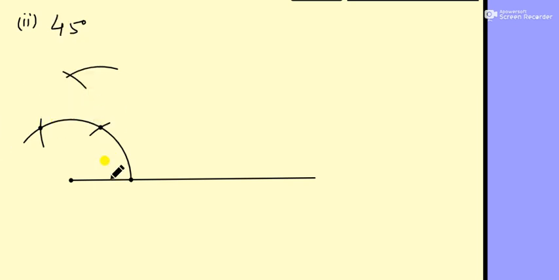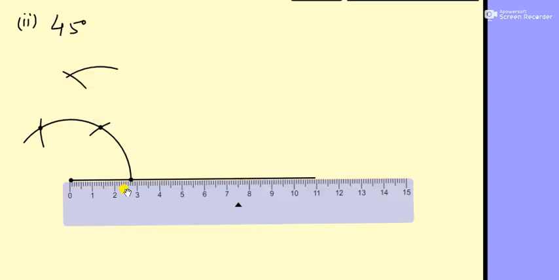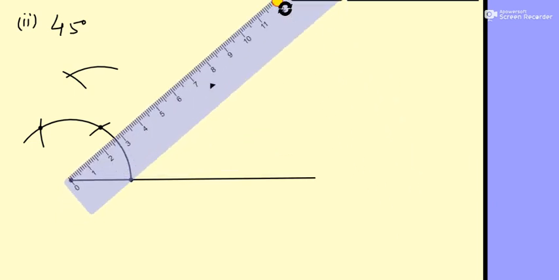So remove the compass, and with the help of the scale you can draw a perpendicular line.